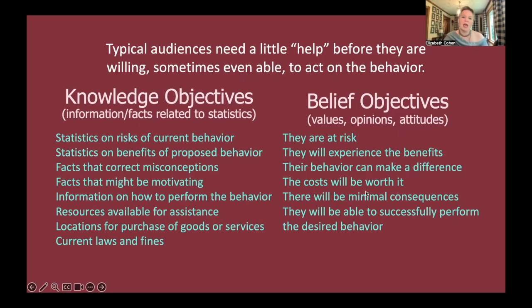Belief objectives are more attitudinal. Regardless of what they know, what are they going to need to feel in order to get them in there? Whenever I think about belief objectives, efficacy, the idea that people need to believe that they have the ability to do it, is always an important one for me. People might know that if I quit smoking, it's going to be good for my health, but they might not believe that they have the ability to do it.